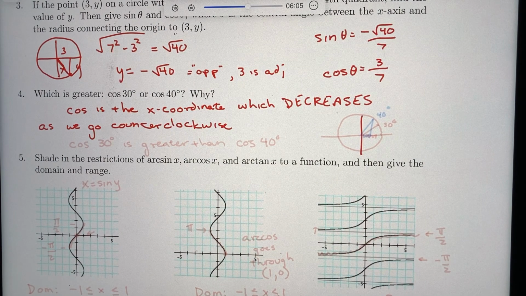So for a little picture, let me attempt to draw a circle again. At 30 degrees, the cosine is something. At 40 degrees, the cosine is less.